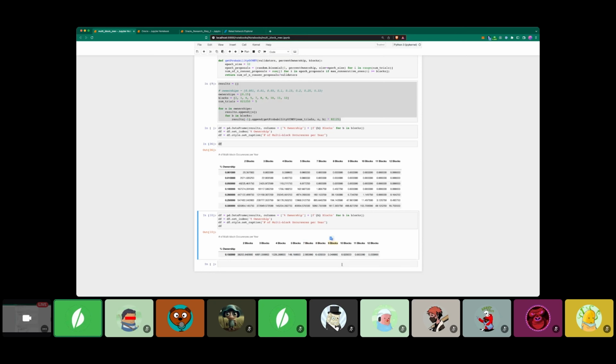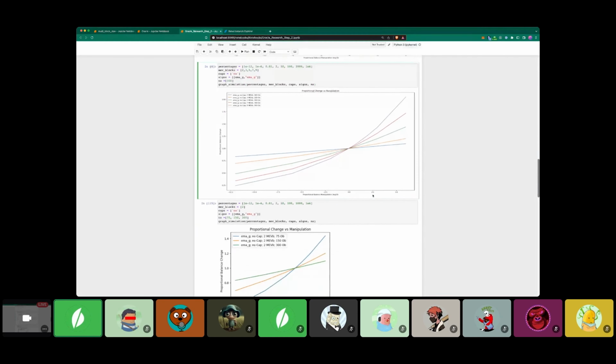So I think we want to be looking at a maximum multi-block MEV of 9 blocks. For reference, in Uniswap's article about how multi-block MEV affects their oracles, they use 7 as the max, but 9 might be safer.